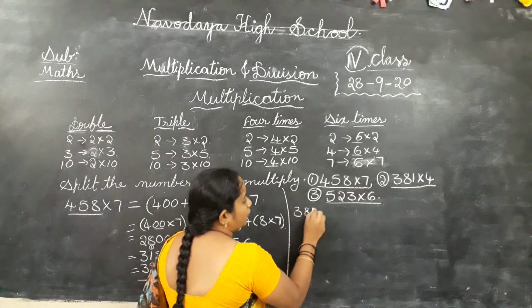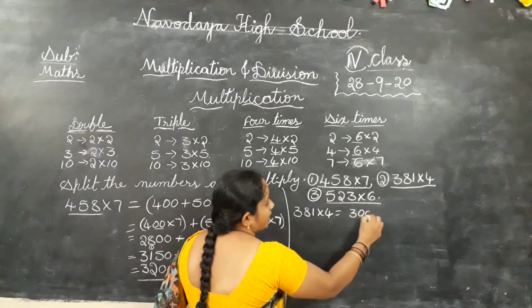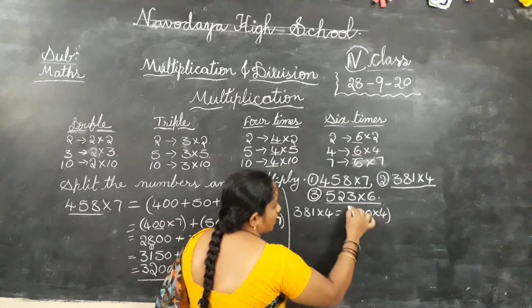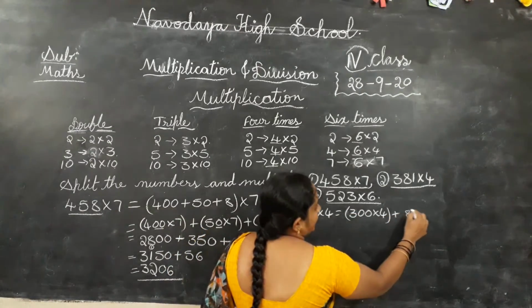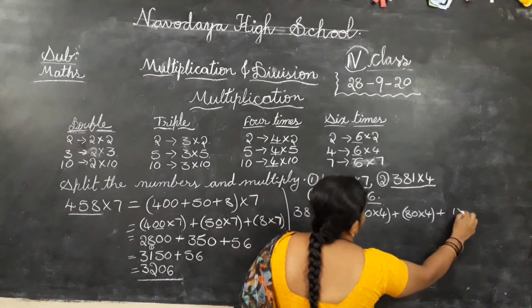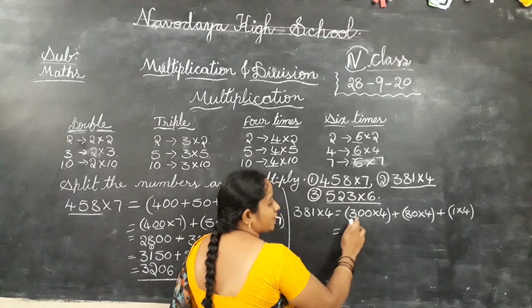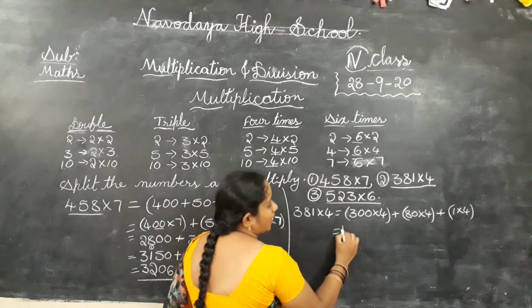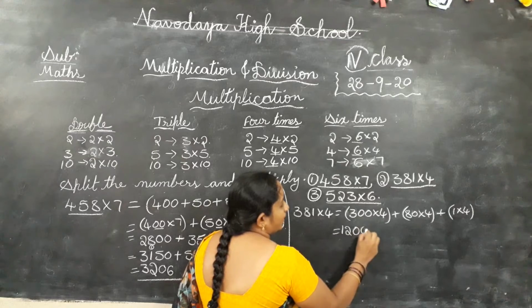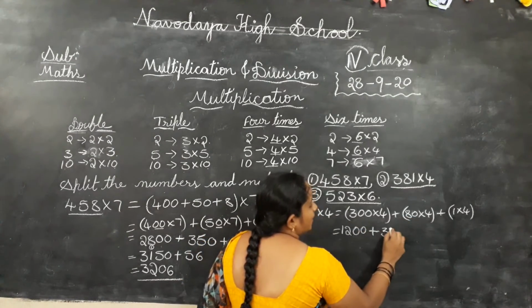Next one. 381 into 4. So write 300 into 4 plus 80 into 4 plus 1 into 4. So 300 into 4. 3 4s are how much? 12. 1200 plus 8 into 4. 8 4s are 32.